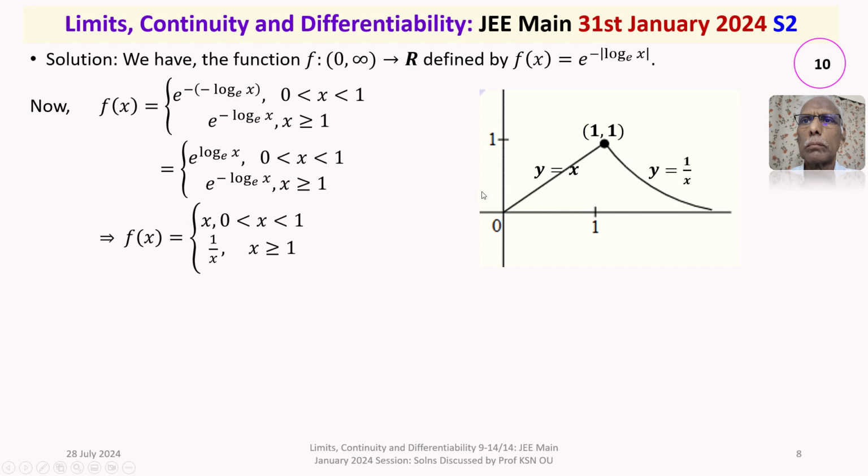So f of x is differentiable everywhere except at the point x is equal to 1. So the number of points of non-differentiability is 1. So it may be seen that f of x is continuous on the open interval 0 to infinity, right?